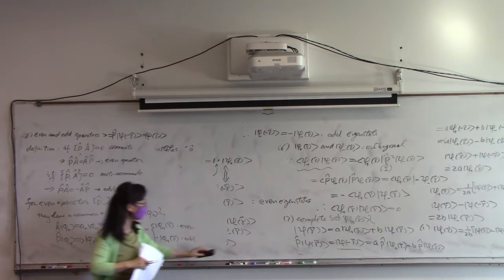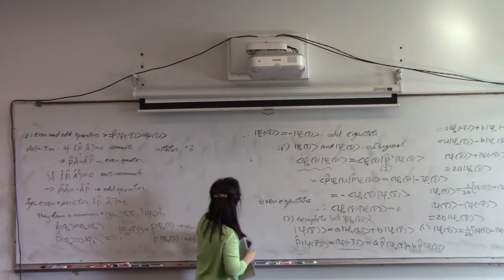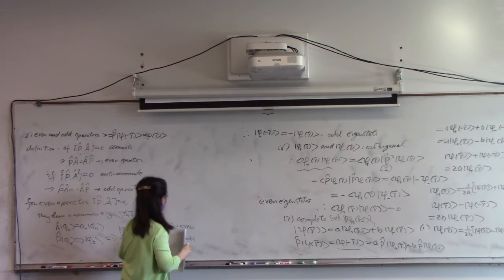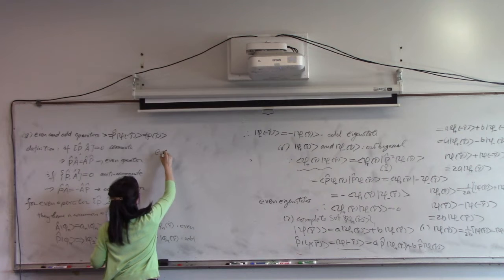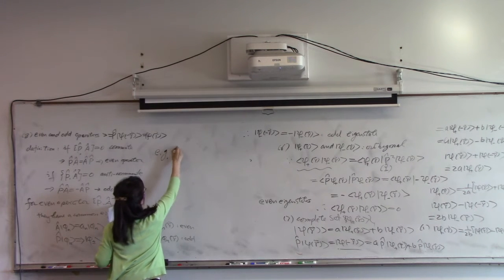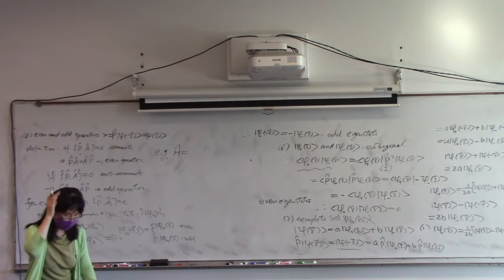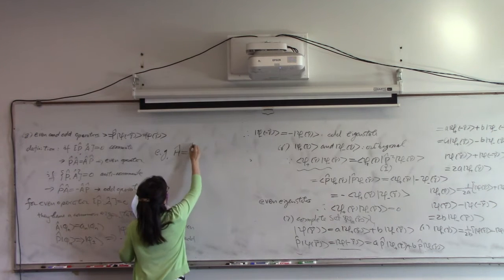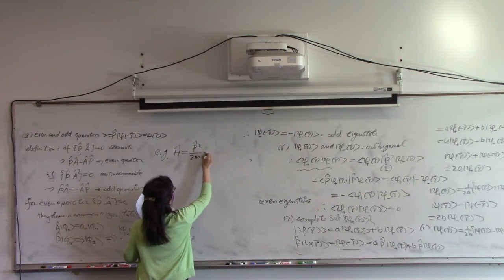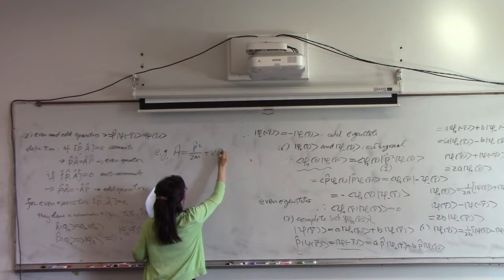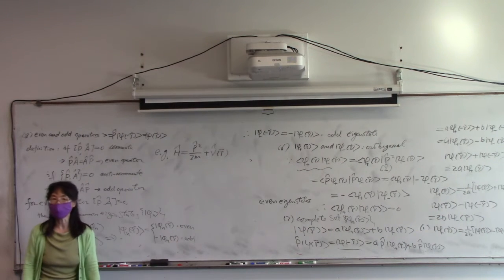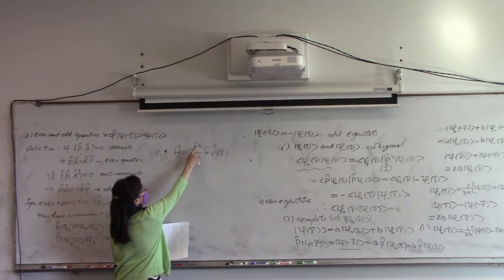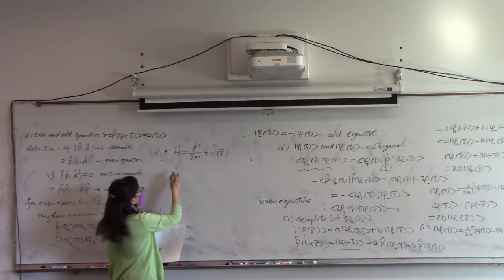For example, the Hamiltonian. I will write it down immediately here, but I think you can accept it: momentum operator plus potential operator, right? So here, this one is even.